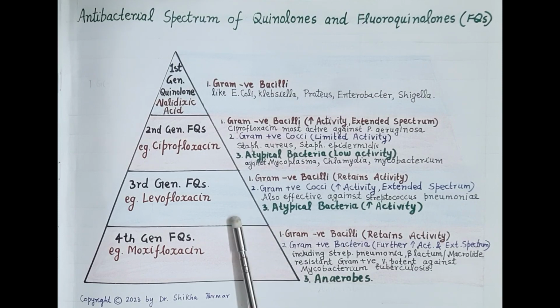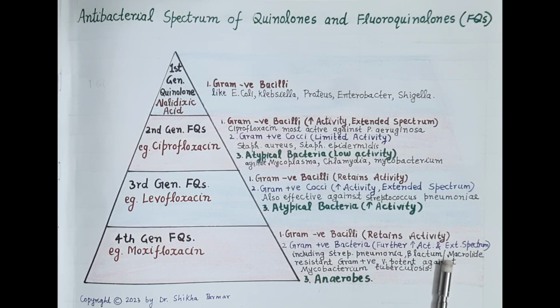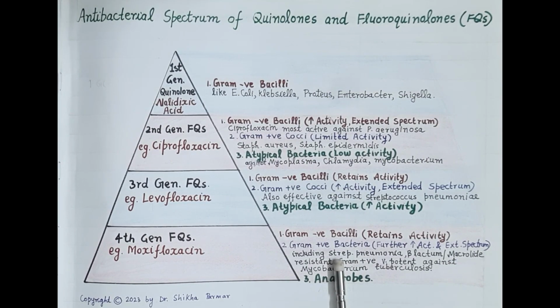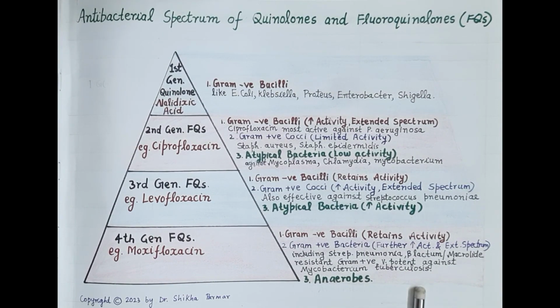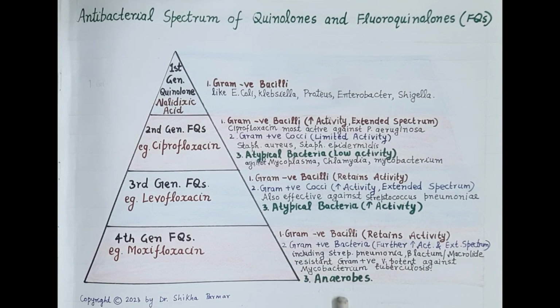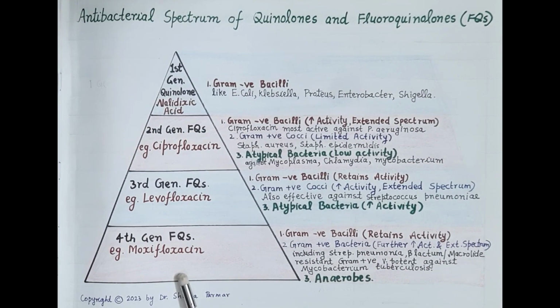Now, in comparison to the third generation, it has further improved activity and is effective against broader and extended range of gram-positive bacteria, including Streptococcus pneumonia, then beta-lactam and macrolide resistant gram-positive bacteria, and it is the most potent fluoroquinolone against Mycobacterium tuberculosis. Now, in addition to this, moxifloxacin is also effective against anaerobes, and moxifloxacin is also known as a respiratory fluoroquinolone.